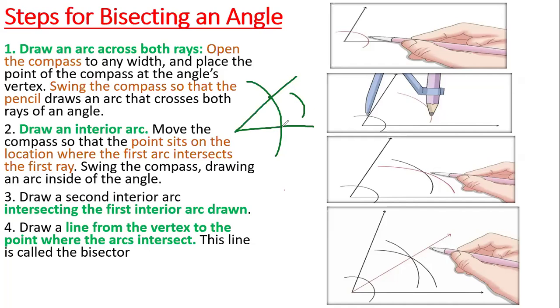And then we're gonna come here and draw another arc as well. And then we're gonna draw a line, which we call the bisector, to cut straight through it. That's basically the idea of how to do it, in a nutshell. Once you understand that, then you understand how to do this.